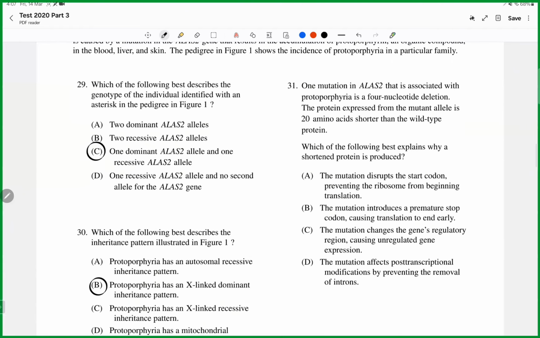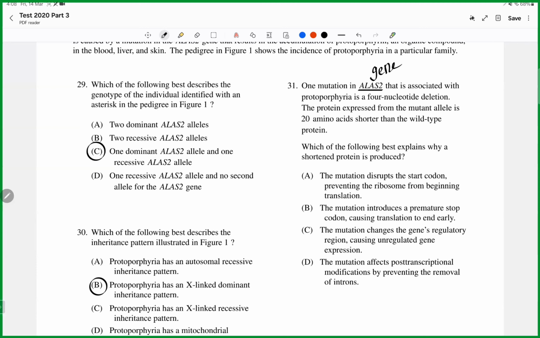Okay, 31. What mutation in, look, if it's italicized, that means it's a gene. Italicized, like tilted. What mutation in this gene is the 4 nucleotide deletion? That's called a frame shifting mutation. You know what that means?